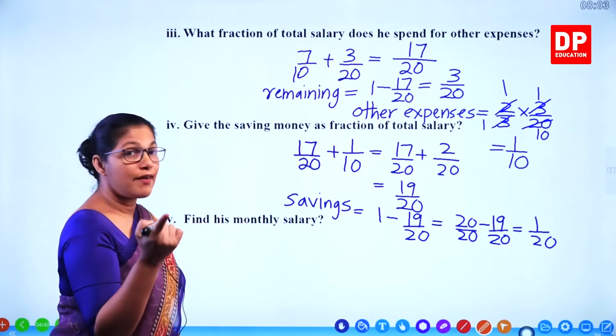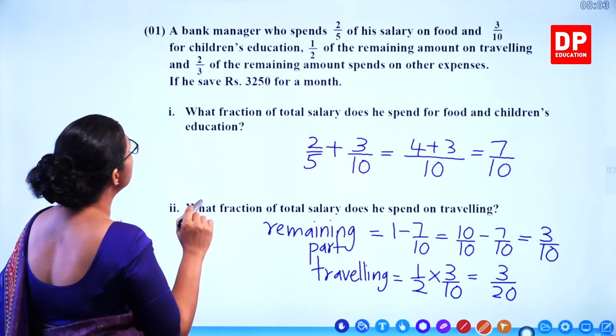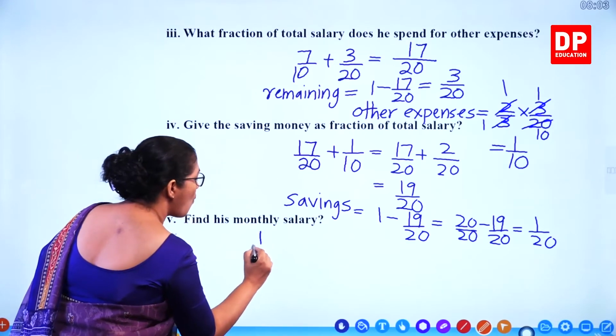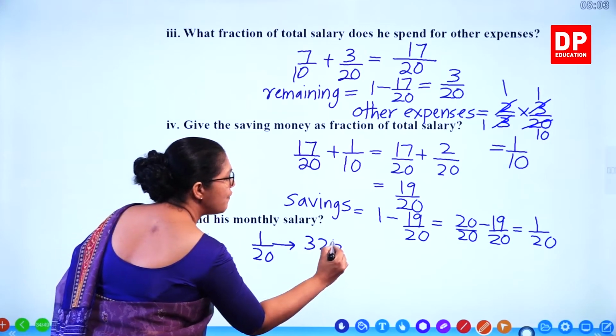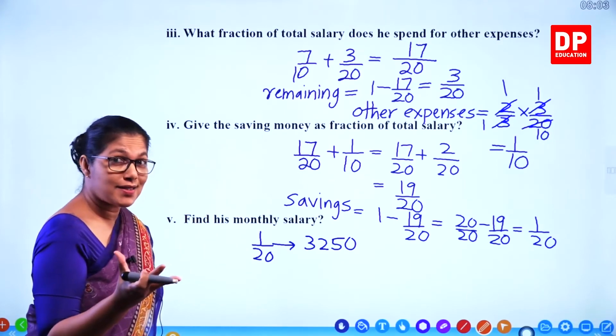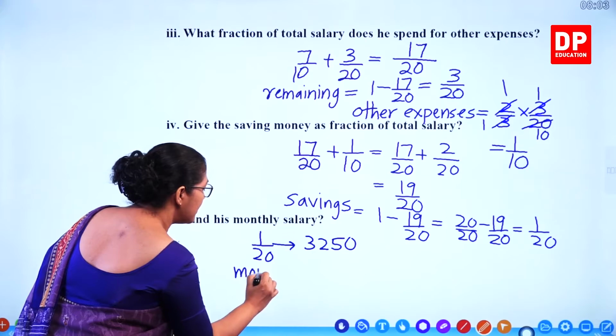Find his monthly salary. But it says how much he saves? 3,250. That means 1/20 means 3,250. So how many full parts are there? 20 parts. So what's his monthly salary?